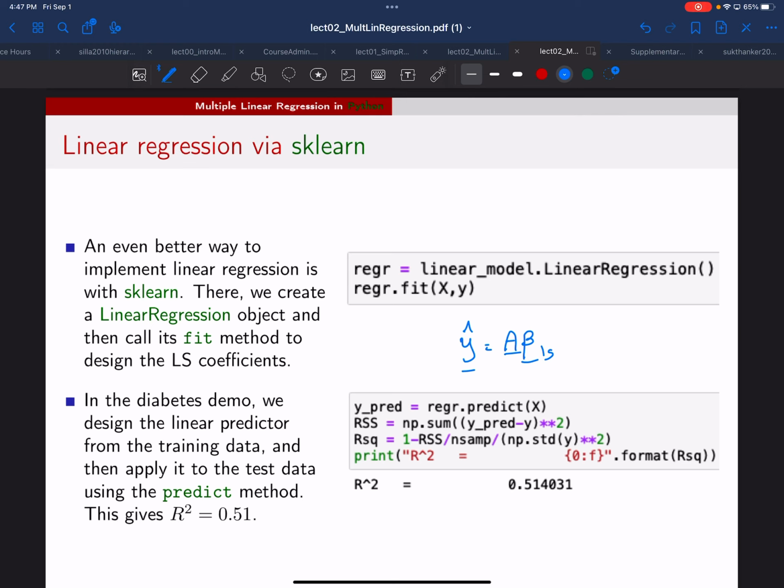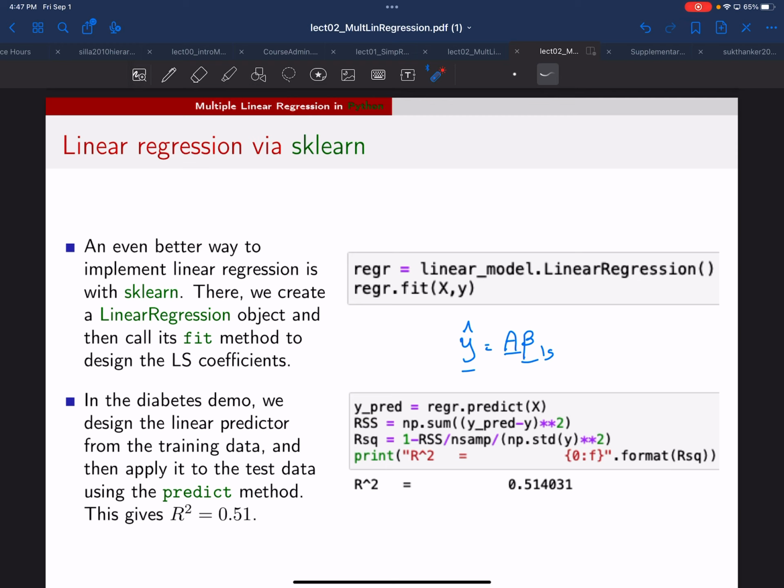I want to take my features, take my least squares coefficients, which I computed, and compute my predictions of the training targets. I can do that in this command right here, the predict command. You tell it predict based on this matrix, and it knows these coefficients internally, and it will output this y hat here. Okay.